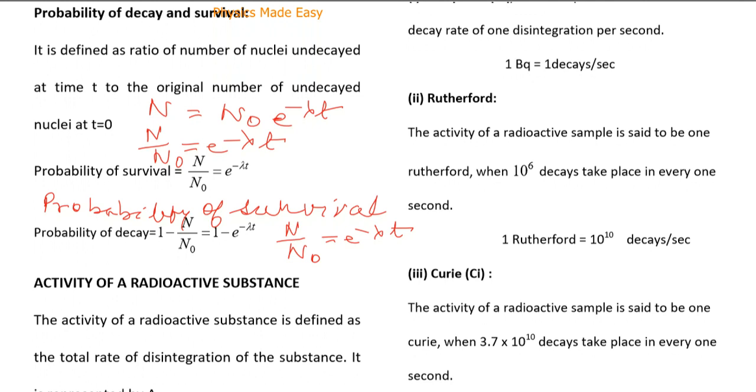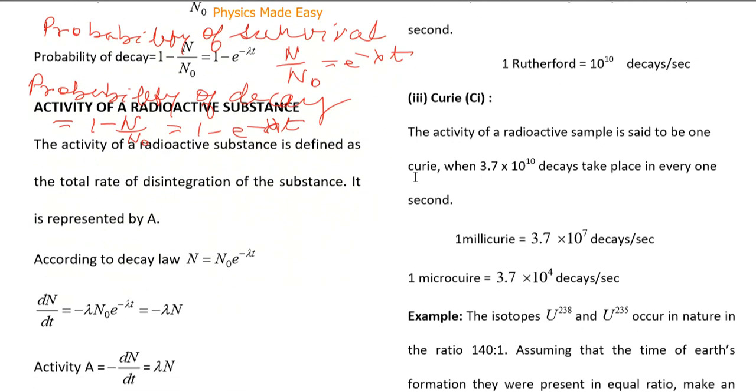Then the probability of decay is equal to 1 minus N divided by N naught, which is 1 minus e raised to power minus lambda t. This is the probability of decay.